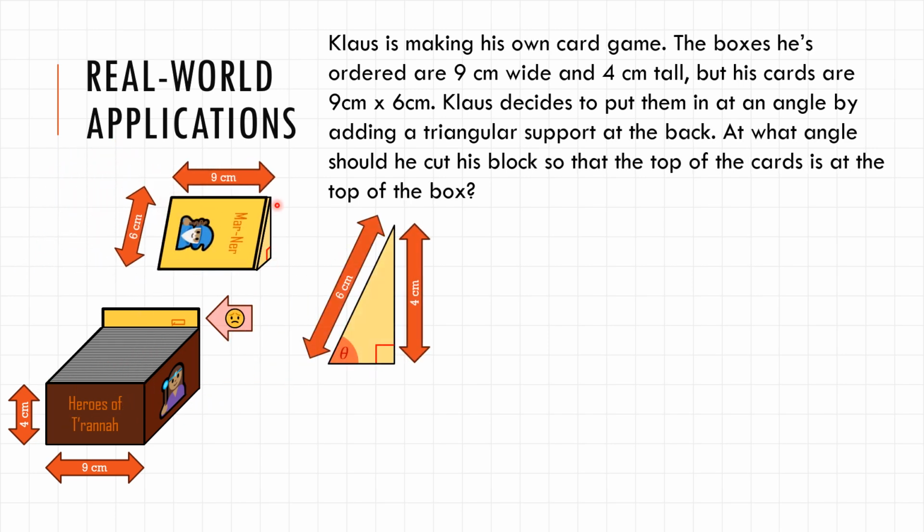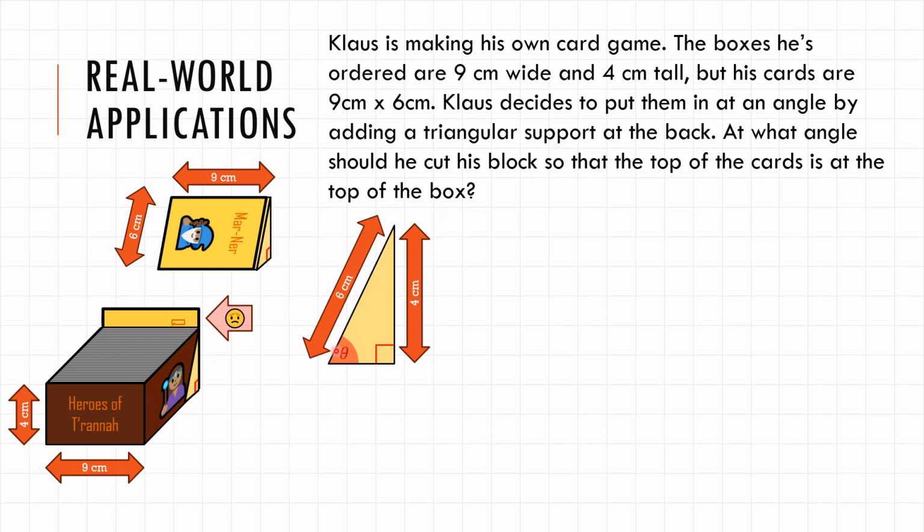So here's the triangular block. You can see that the cards, even though the card is 6 centimeters wide, that 6 centimeters is at an angle, and the height of this wooden block is 4 centimeters. So we can actually put that wooden block right over here at the back of his box. And so it will fit the height of the box. The cards will all fit because they'll be at an angle.